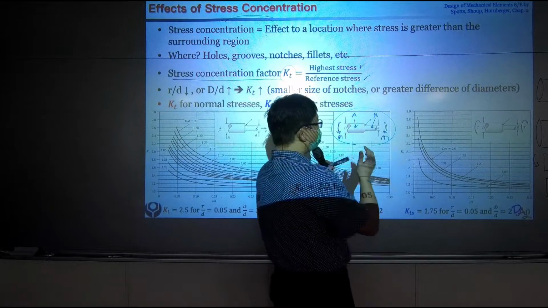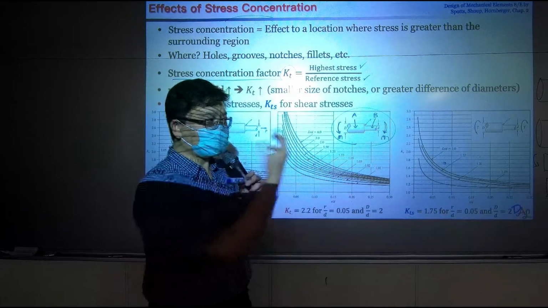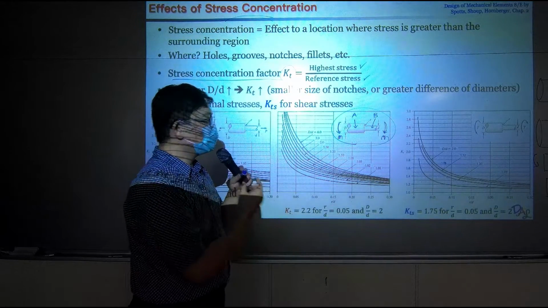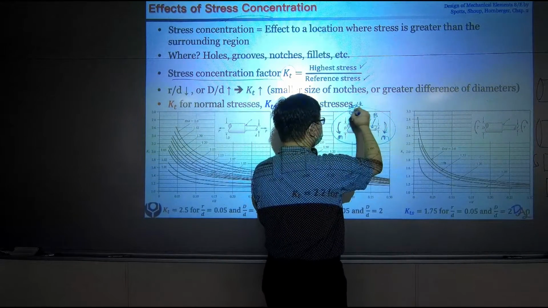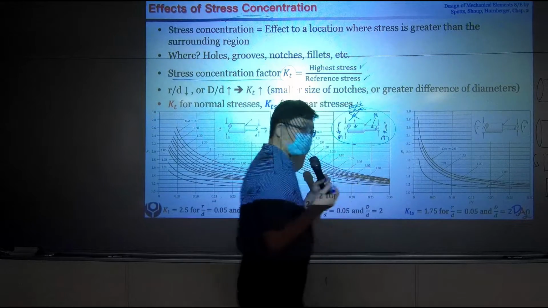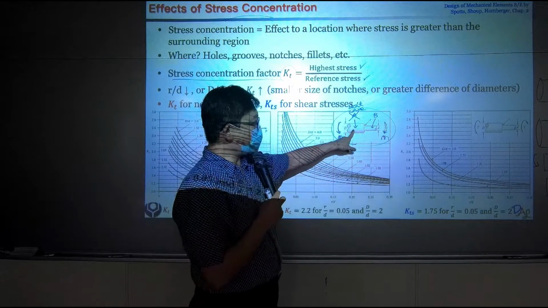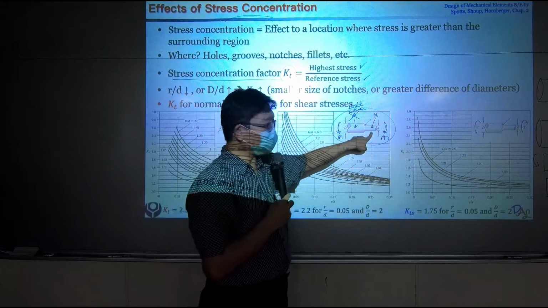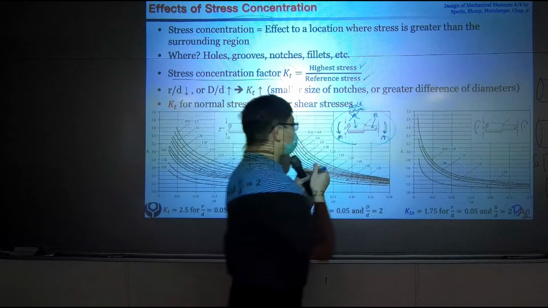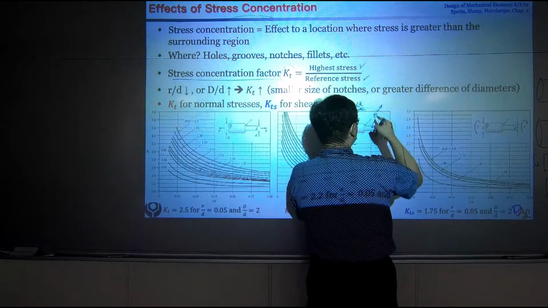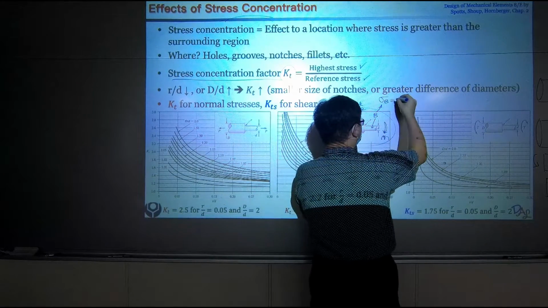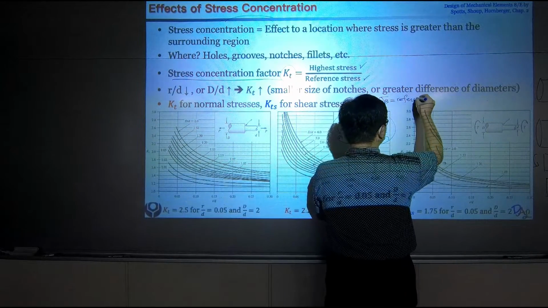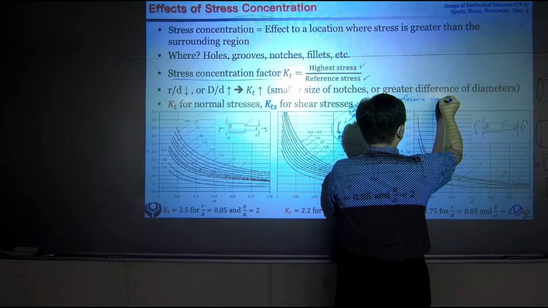So, when we have a component like this, we don't care about A. Why? Because A doesn't carry greater stress, B carries greater stress. So usually what we will do is we consider the stress in the B region as our reference stress. Okay?